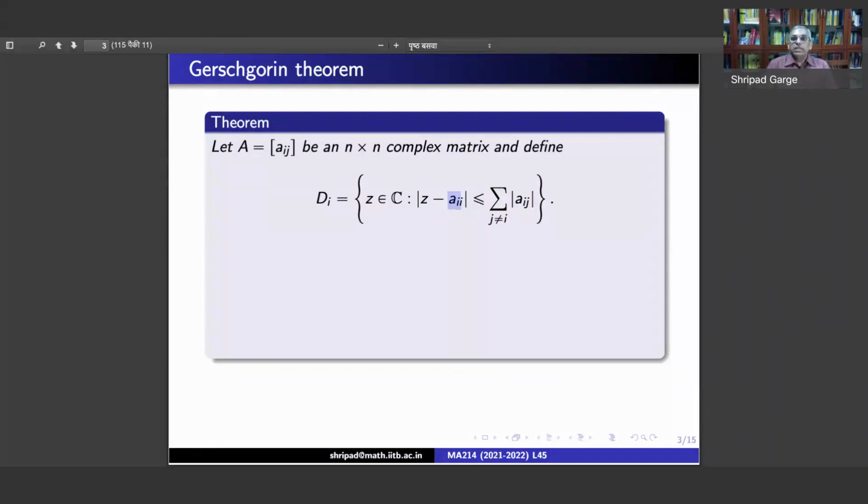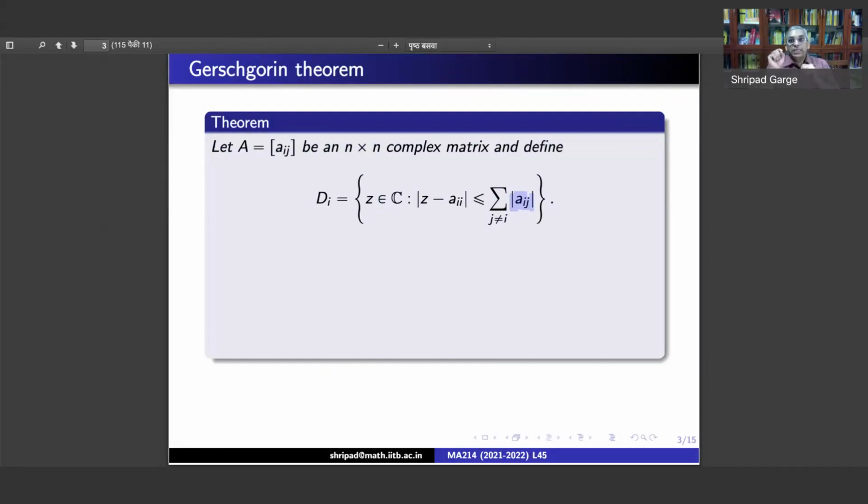The radius of the circle is given by the summation of the moduli of all non-diagonal entries in that particular ith row. You fix a row, take the diagonal element aii, take all other elements, take their moduli and take the sum of the moduli.